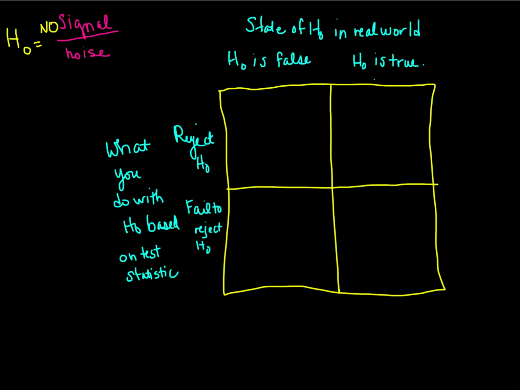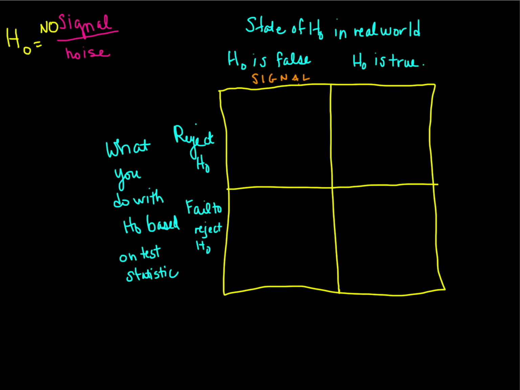So let's talk about what this means in terms of the signal, if the signal is there or not. Because when you're dealing with the null hypothesis and you're saying that there's no signal, then you want to reject that, it gets really confusing because it's a double negative, okay? So let's be clear about when we're saying there is a signal and when there isn't. So if the state of the null hypothesis in the real world is that H0 is false, the idea that no signal exists is false, then we're saying, hey, there's a signal.